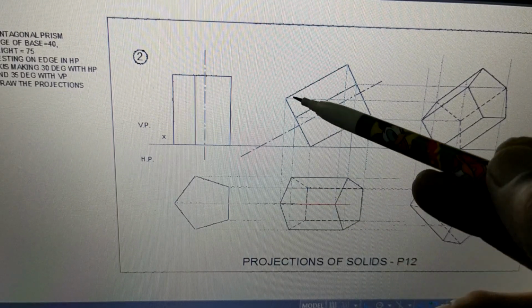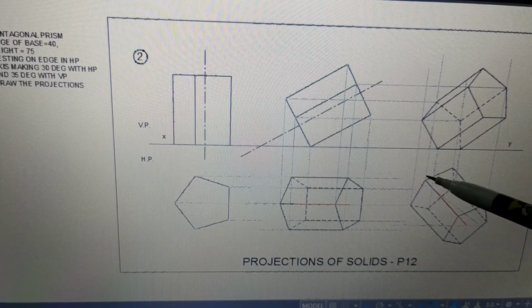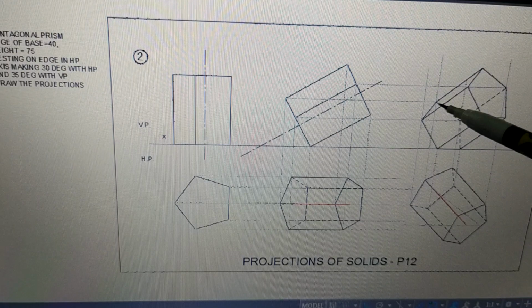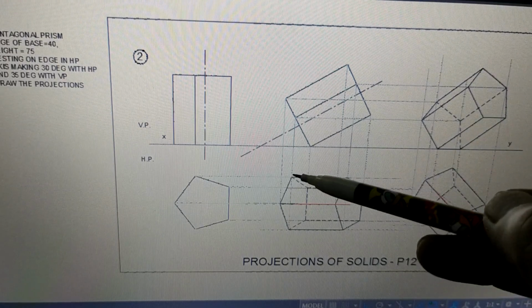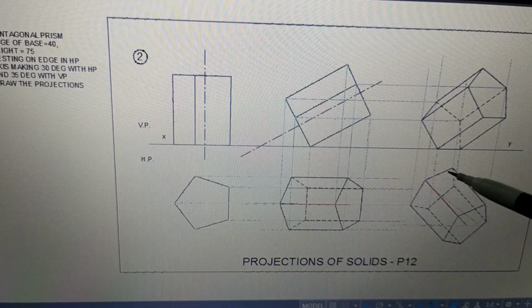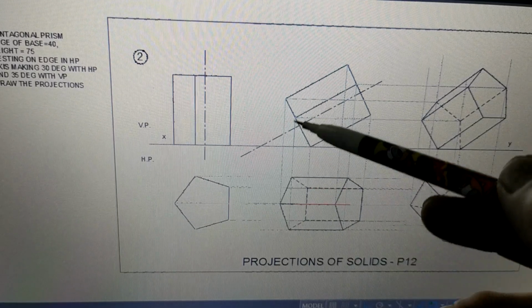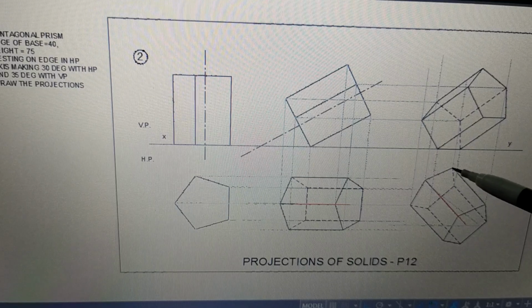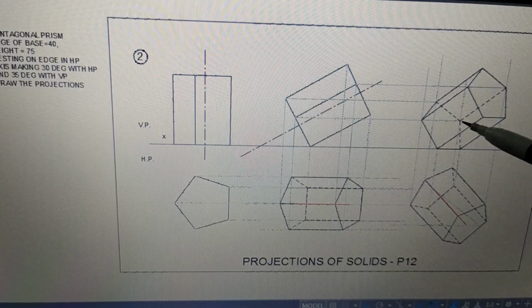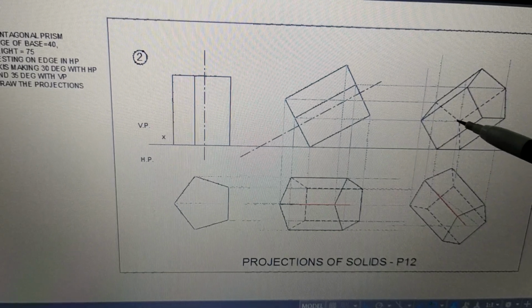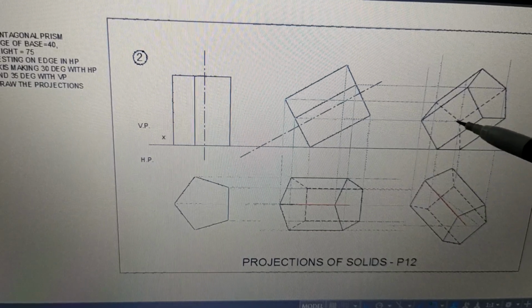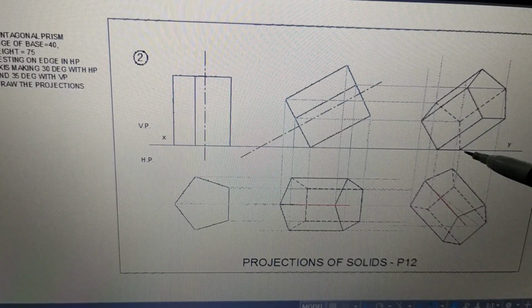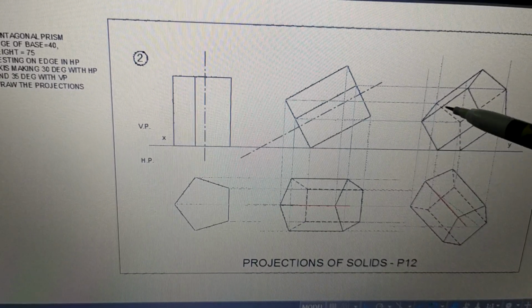From this point and this point, you project like this and like this, you will get point D. Then comes E. E is here, means E is on this line and it is also on this line. You can see the projector lines are also there. Once you get point E, all the points A, B, C, D and E are available so that you can draw this pentagon.